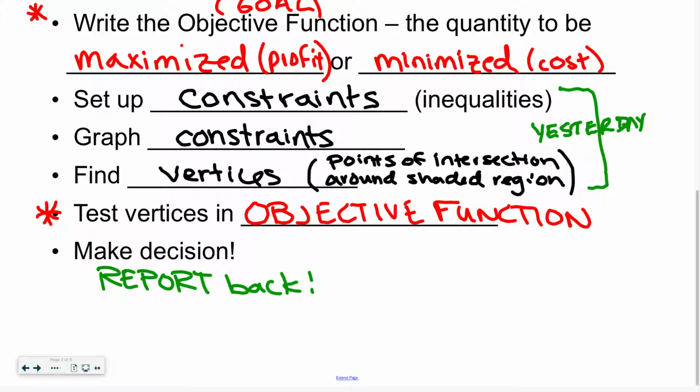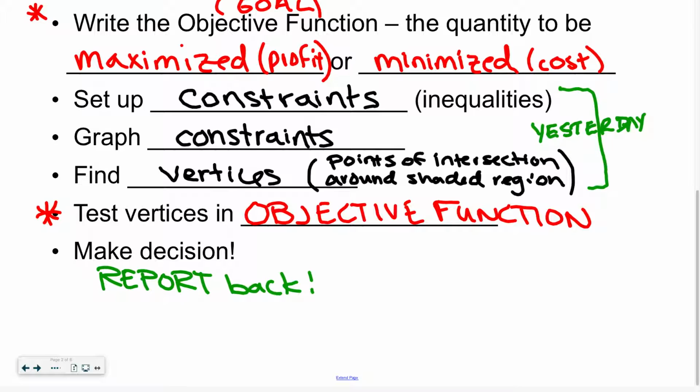Okay? Or like yesterday's example, you should mix 3 bags of brand X with 1 bag of brand Y, and that will cost you the least amount to give you all your minimum requirements. Okay? So you've got to report back, like, what did you find? What should we actually do?